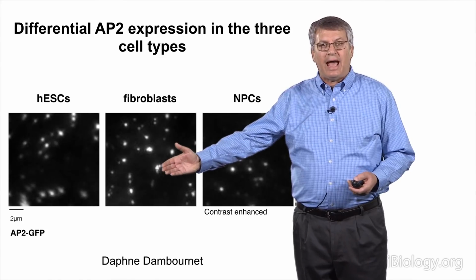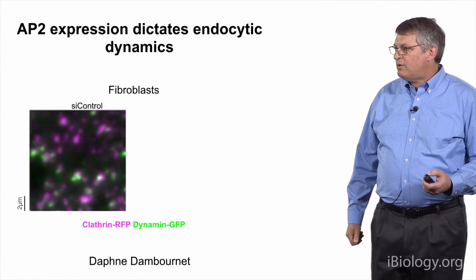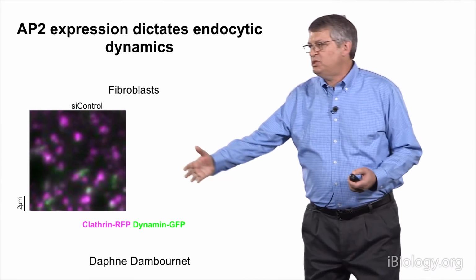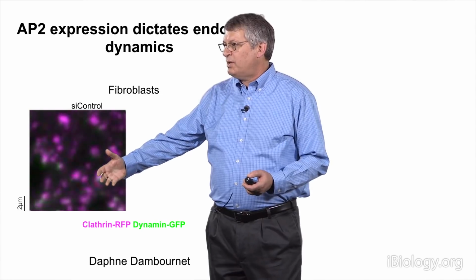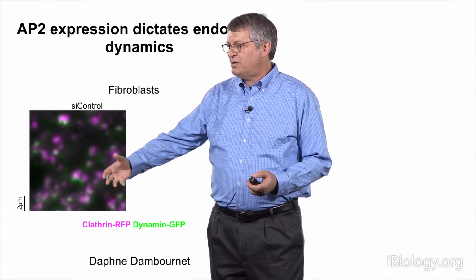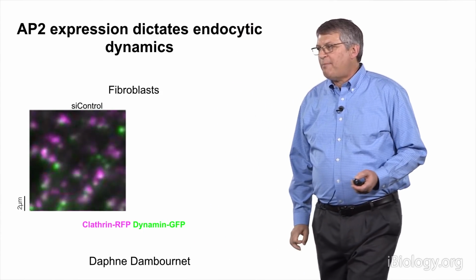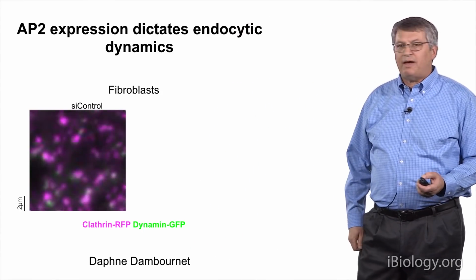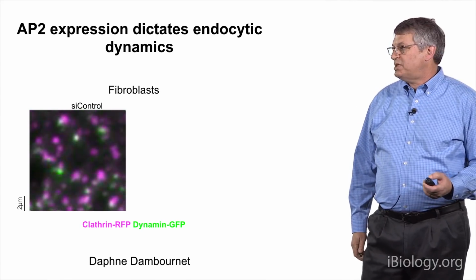And so we could ask whether that's true by knocking down AP2. And now Clathrin is in magenta and Dynamin is in green. And you can see in a control cell, fibroblasts, that they're again making these large structures that often flash green with Dynamin. But what happens when you knock down AP2 to levels that are similar to those expressed in neuroprogenitor cells?